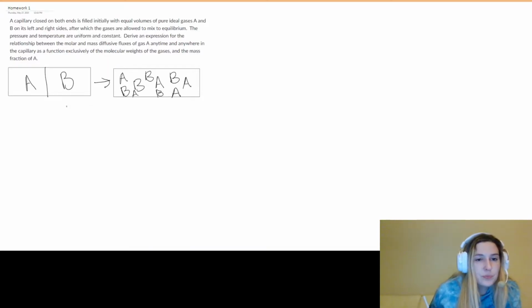So then we want to derive an expression for the relationship between molar and mass diffusive fluxes. And we want certain things in this equation, but we'll get to that. So first I want to talk about the molar flux.